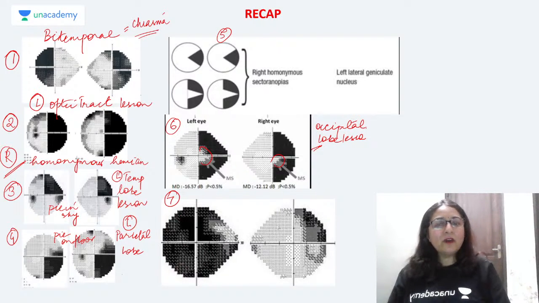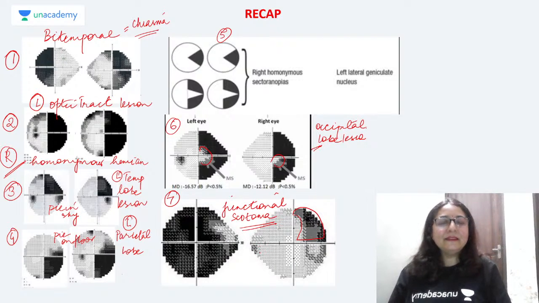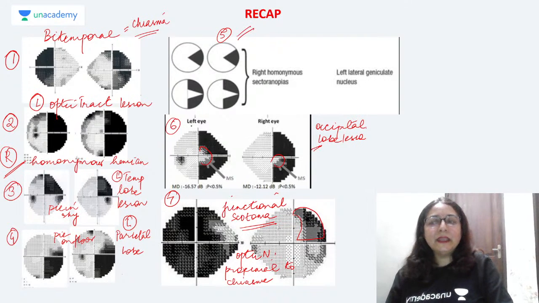Complete field loss in one eye, superotemporal quadrantic defect in the other eye. The field defect is your junctional scotoma, and this is seen in lesions of the optic nerve proximal to the chiasma.